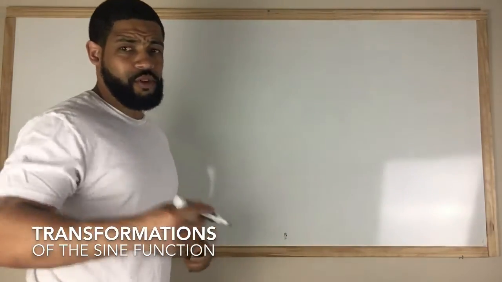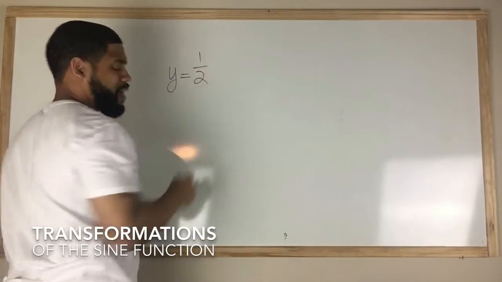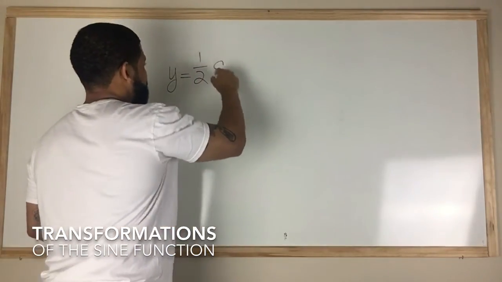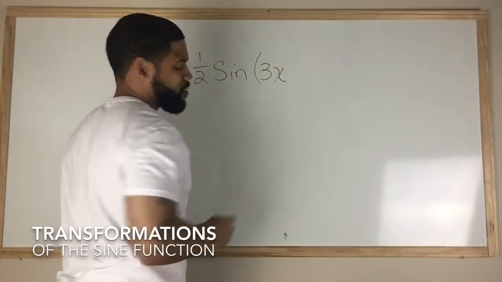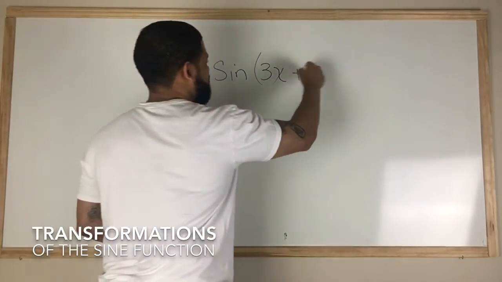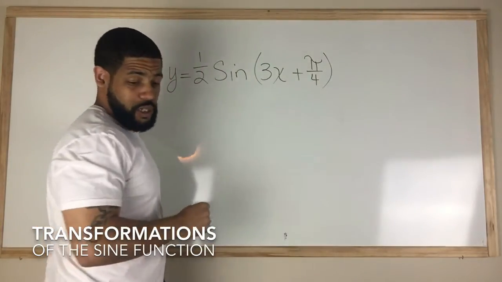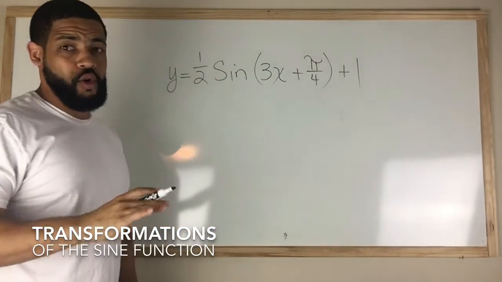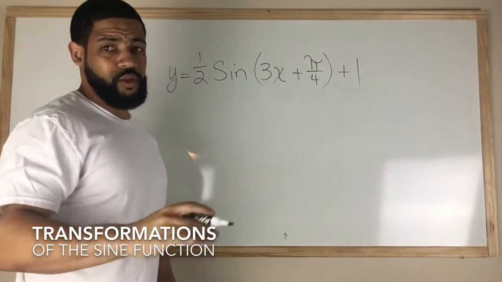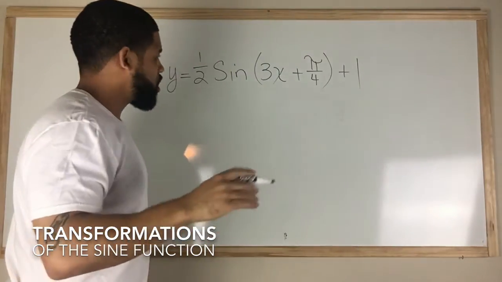So if I have this first function, I have y equals 1/2 times the sine of 3x plus pi over 4. Then we have to take and add 1 to that. So that's a whole lot going on right here. We need to identify a few things first. There's a couple of different parts.